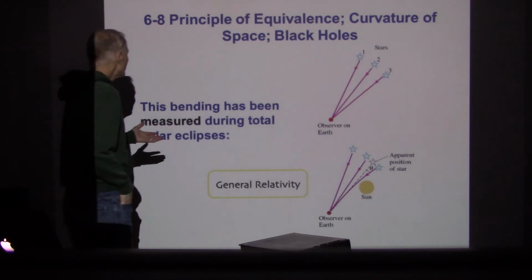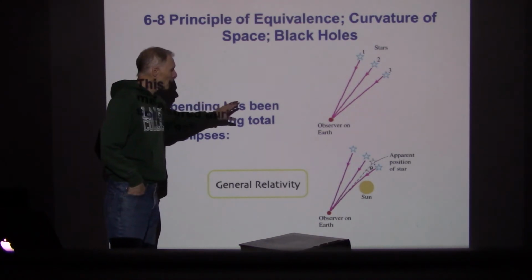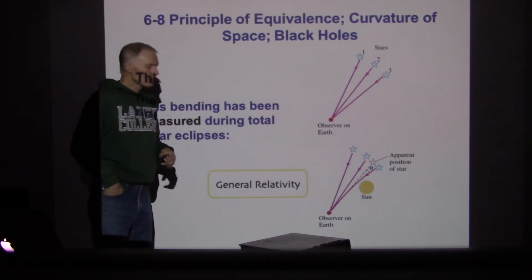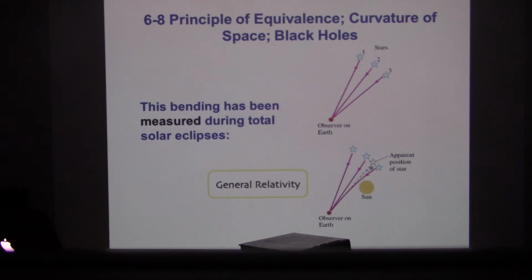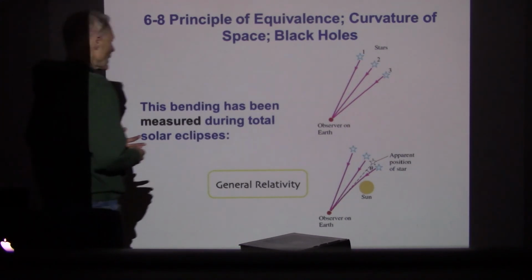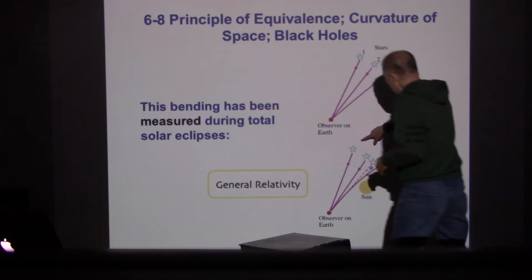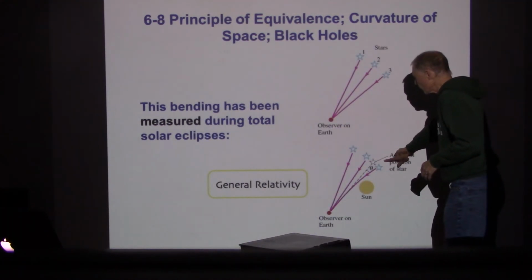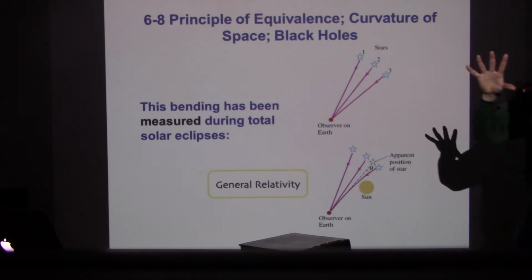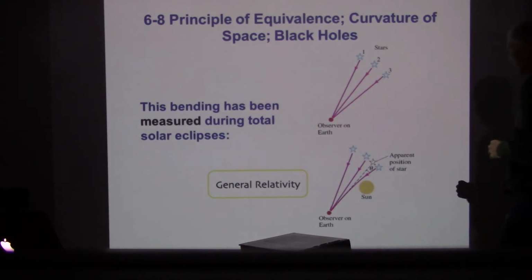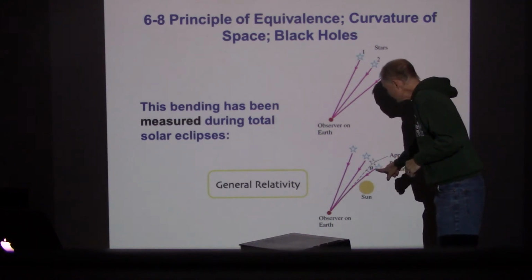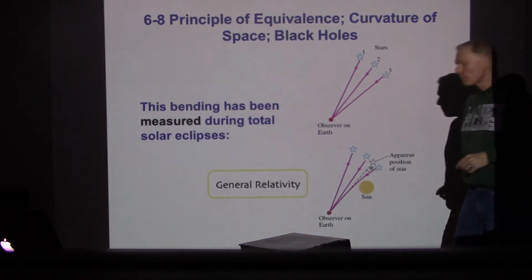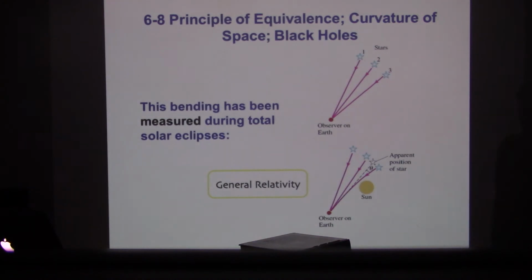And within a few years, astronomers verified this, taking their telescopes and their observational equipment out to a solar eclipse, where they were able to show, when the moon blocked the sun, there were enough bright stars that became visible that you can actually look at the pattern of stars and see that light coming from stars passing nearby the sun were bent due to the gravitational effects of the sun.